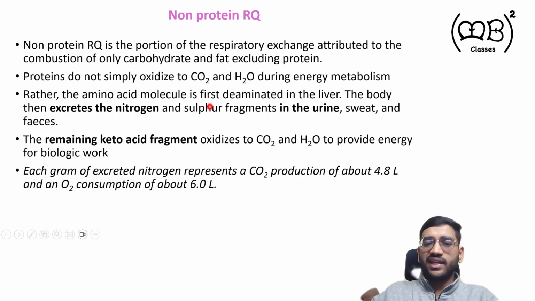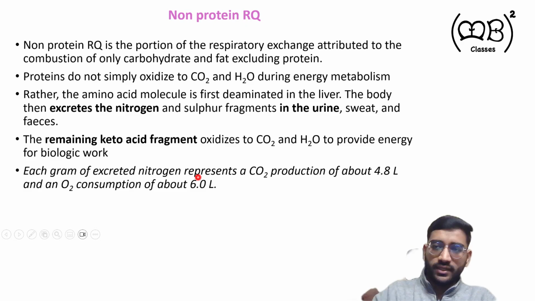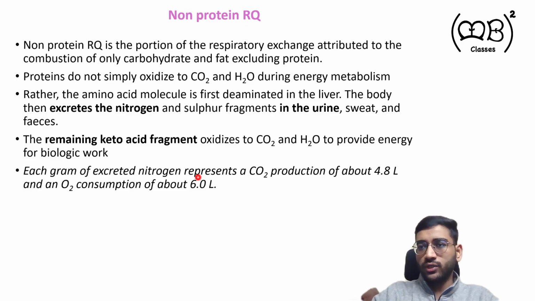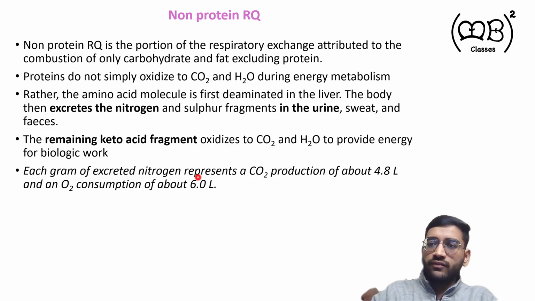Each gram of nitrogen excreted in urine represents a carbon dioxide production of 4.8 liters and an oxygen consumption of 6 liters. This is utilized to calculate the energy produced from protein, while the non-protein RQ would be utilized for the calculation of energy from carbohydrate and fats.